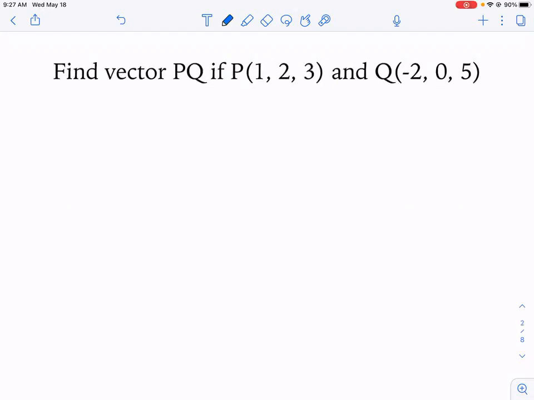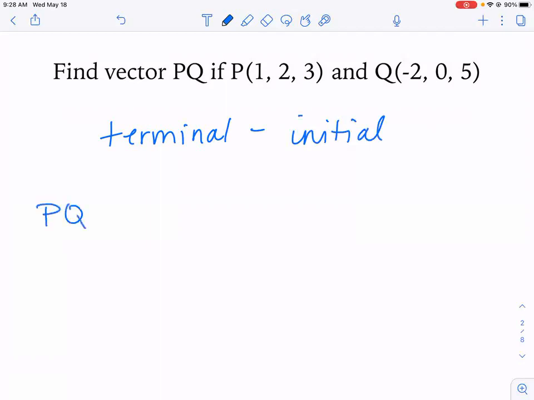When we write our vector, what order do we need to do the subtraction in? Terminal minus initial. Okay, so vector PQ, we're going to take -2 minus 1.